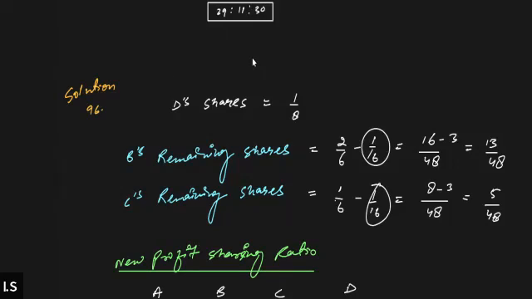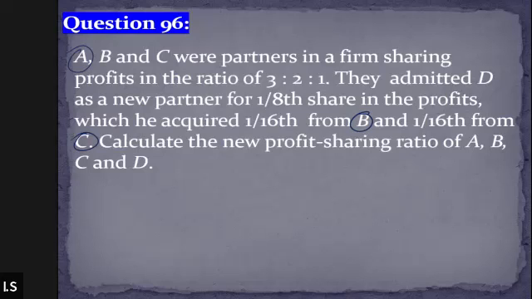Earlier, in the question, A's share is already given as 3:2:6. That means 3/6 is A's share, right? So that is what A is going to retain.